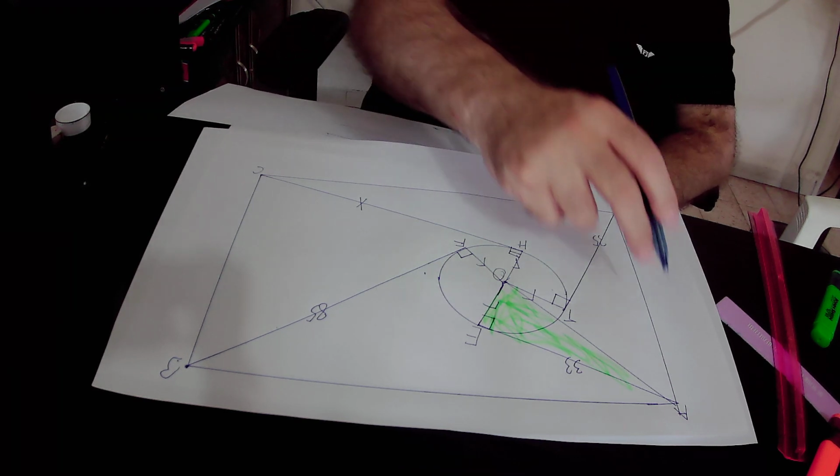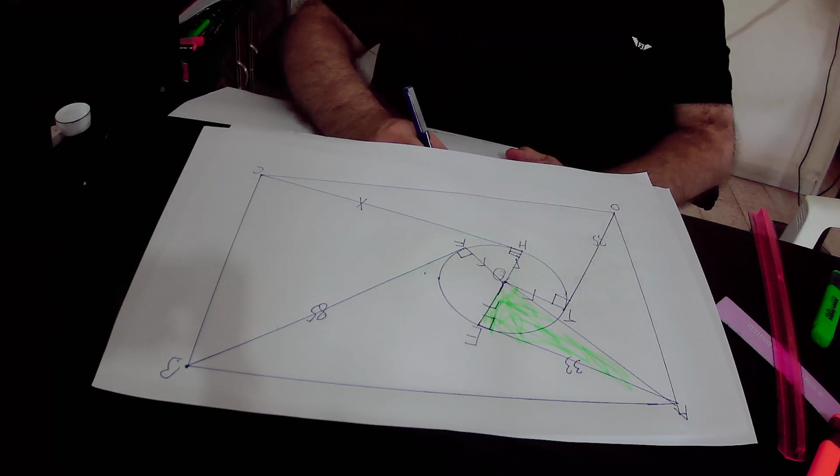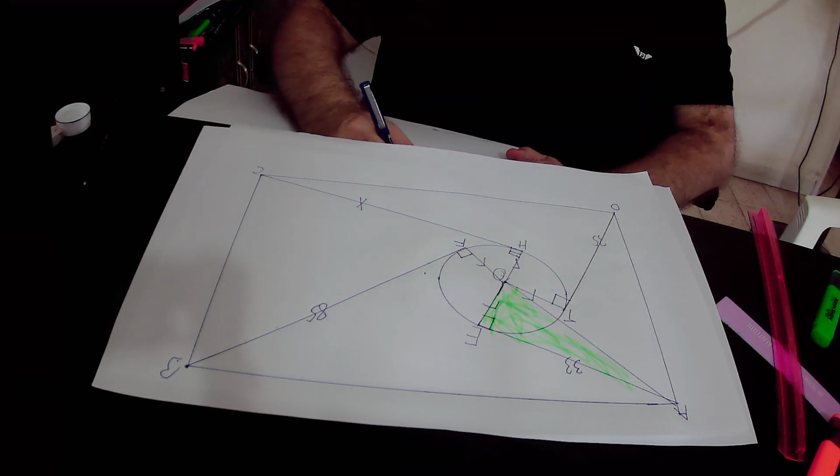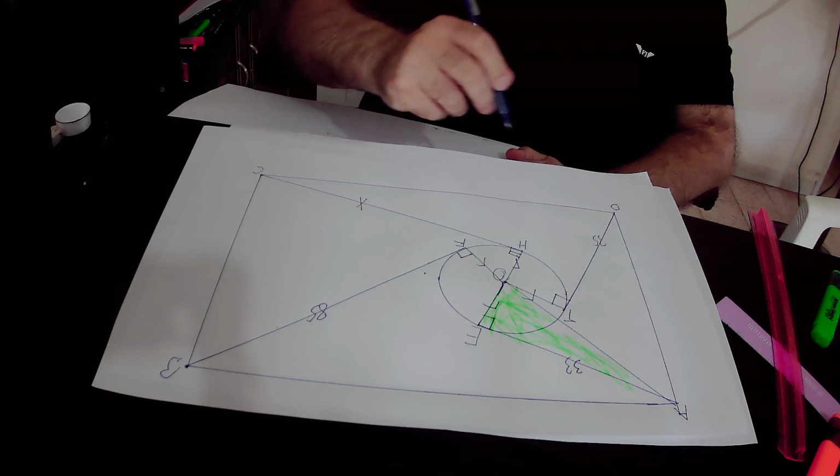The hypotenuse is AO, therefore the square of the hypotenuse is AO square, and it must be equal to OE square plus AE square.